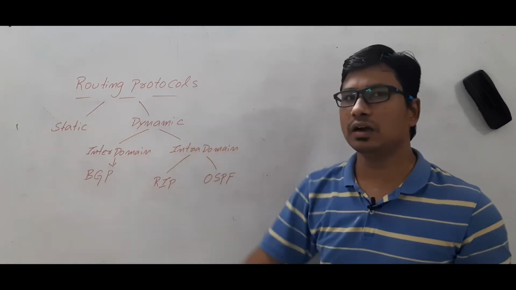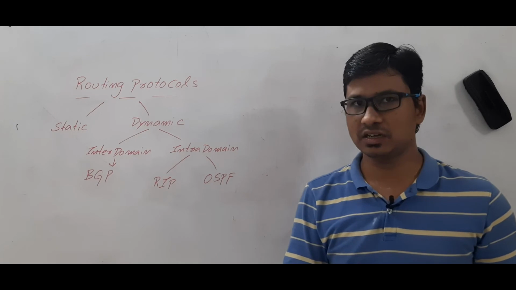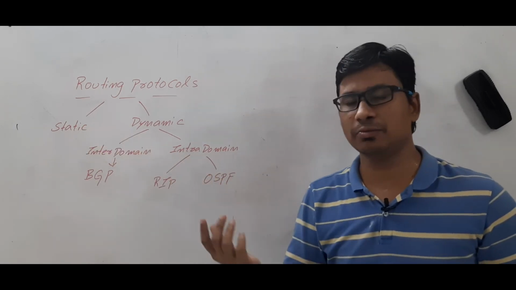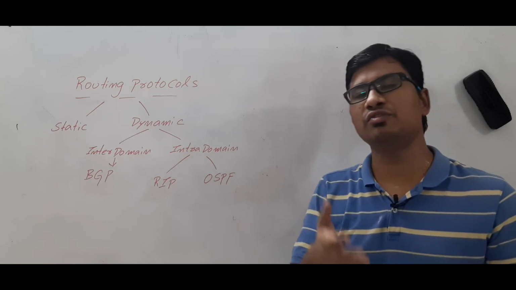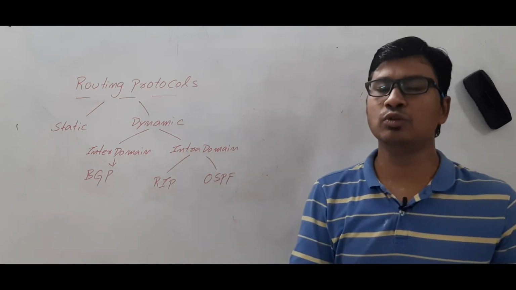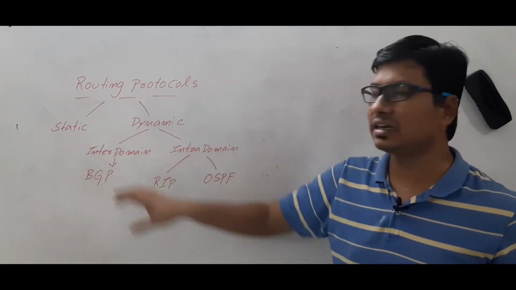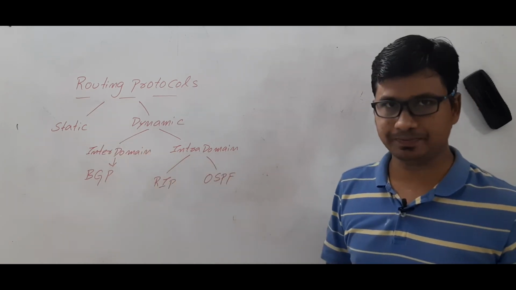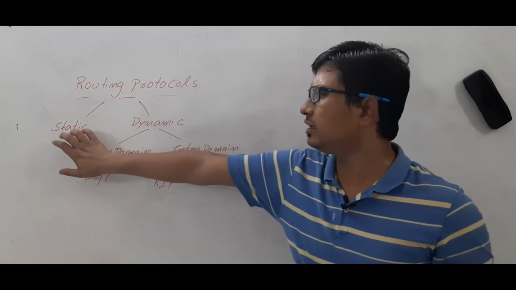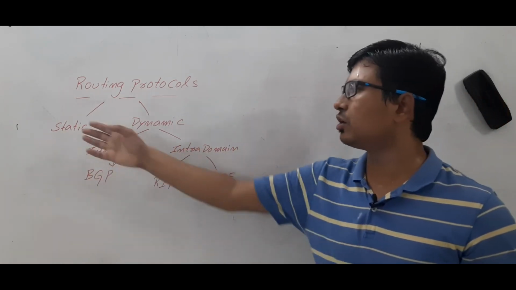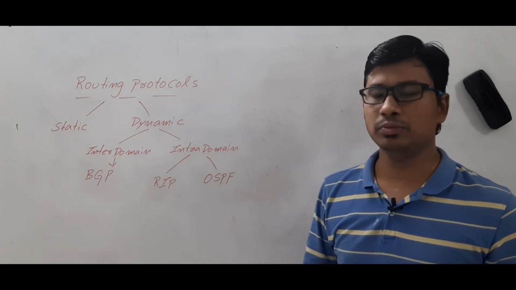If the network topology has changed or some problem has happened, new nodes are added or links have dropped, or if traffic is high, then again the network administrator has to enter the details manually. So it entirely depends on the network administrator. If it is a large network, it is not practically possible.